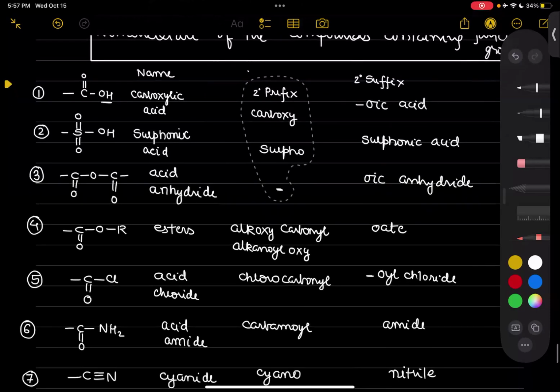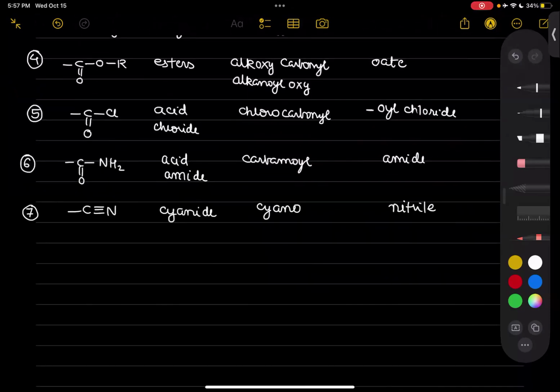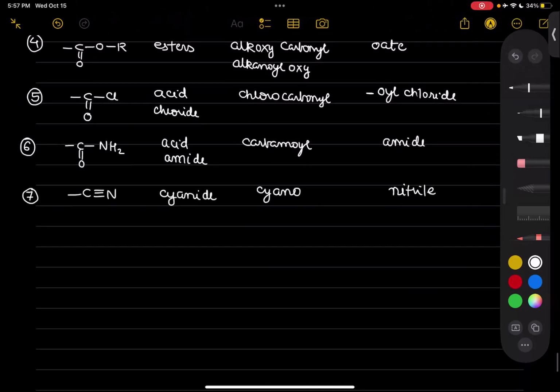Okay, next is CN, which is known as nitrile. A prefix is cyano. Then you have a similar group which is known as NC.